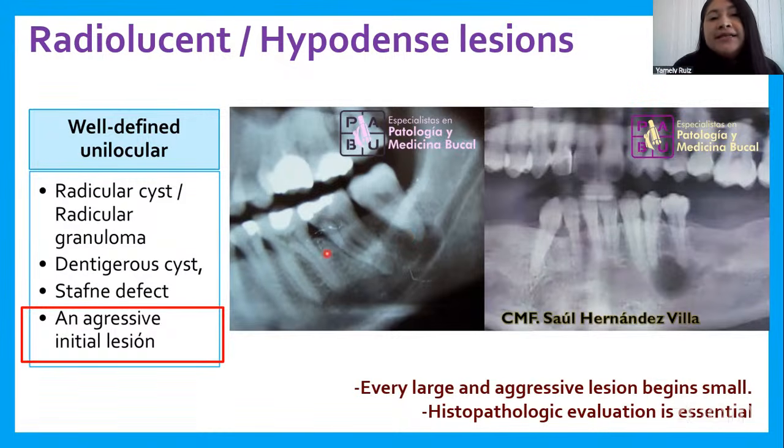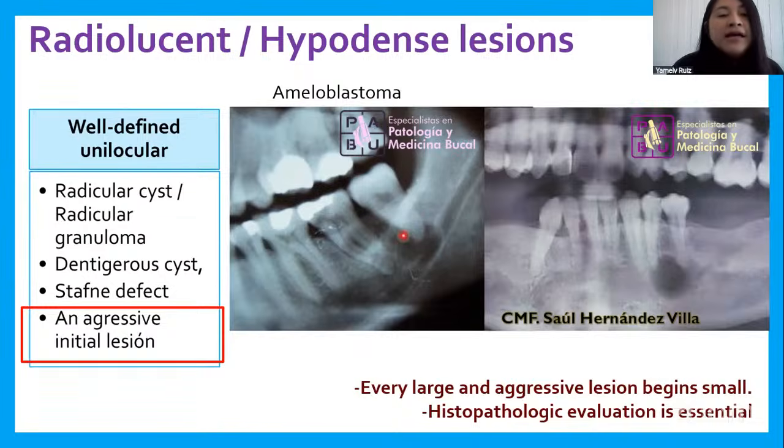So in this case, for example, in these two images that you see in this slide, this one was an ameloblastoma, but if you see the image, maybe you first think of a diagnosis like radicular cyst or radicular granuloma. And that's the importance of making the pulp vitality test.